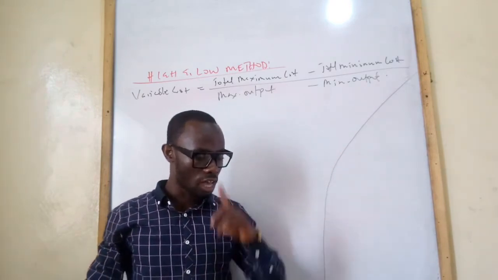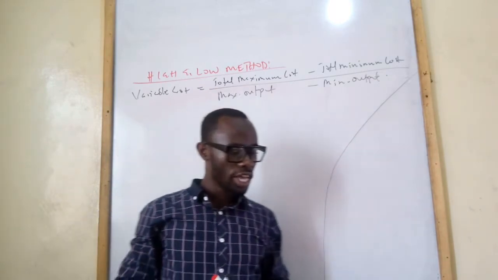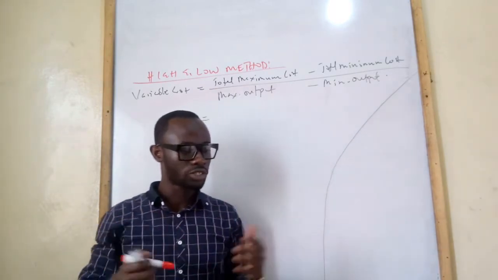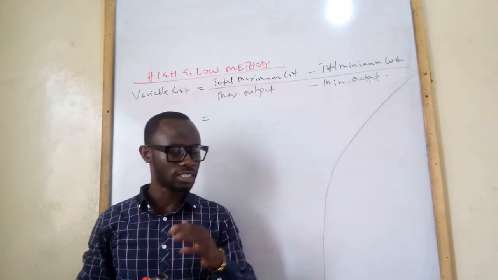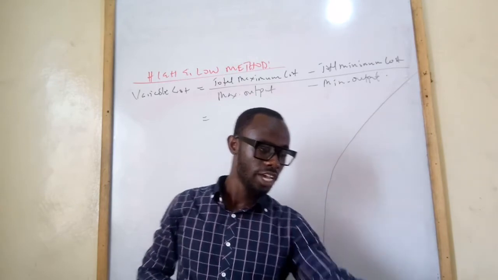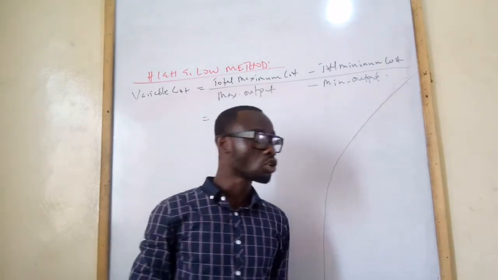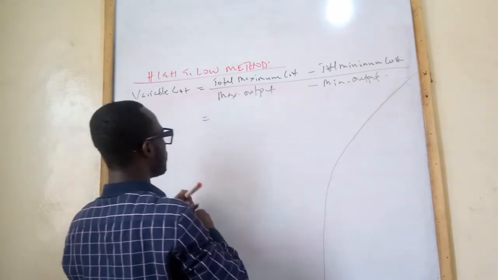So if you look at the question, the highest activity level is 20x2 and then the lowest activity level is 20x3. So the highest total cost is 172,000, the lowest total cost is 142,000, the highest output level is 90,000, and then the lowest activity level or output level is 60,000.